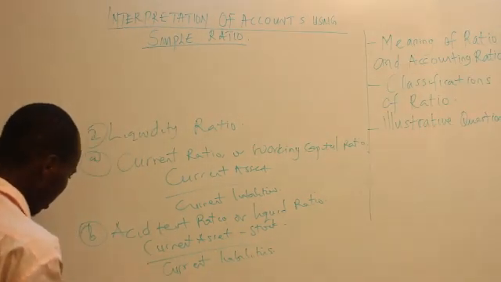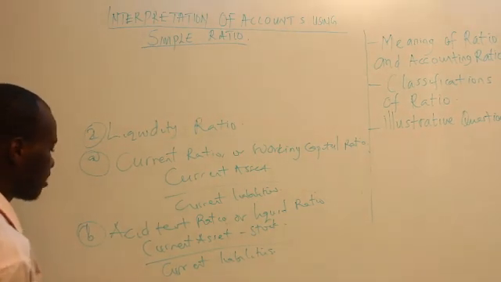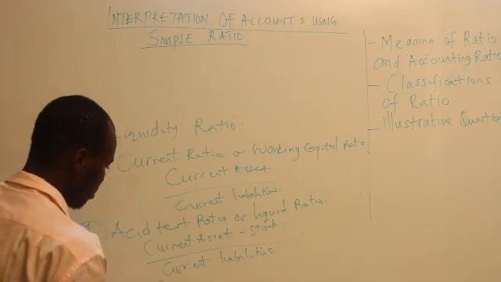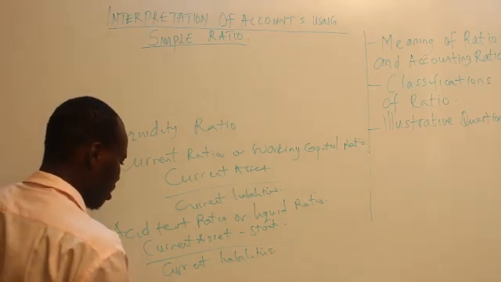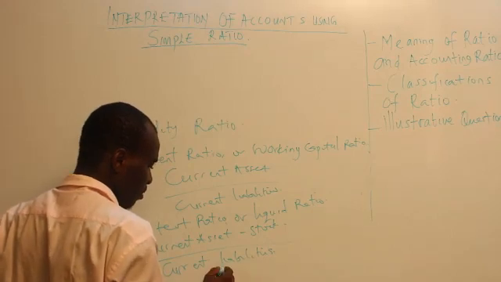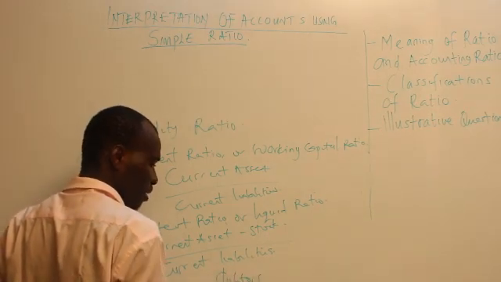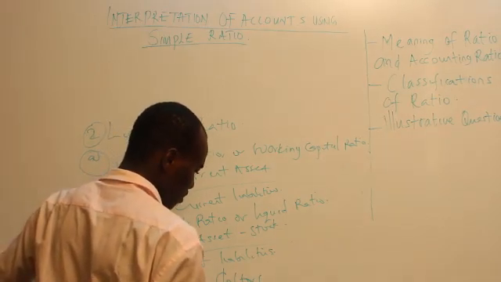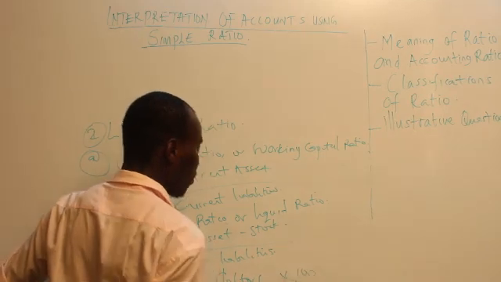The next thing is C, which is the debtors ratio. That gives us the balance of debtors over credit sales within the period, times 100 over 1.